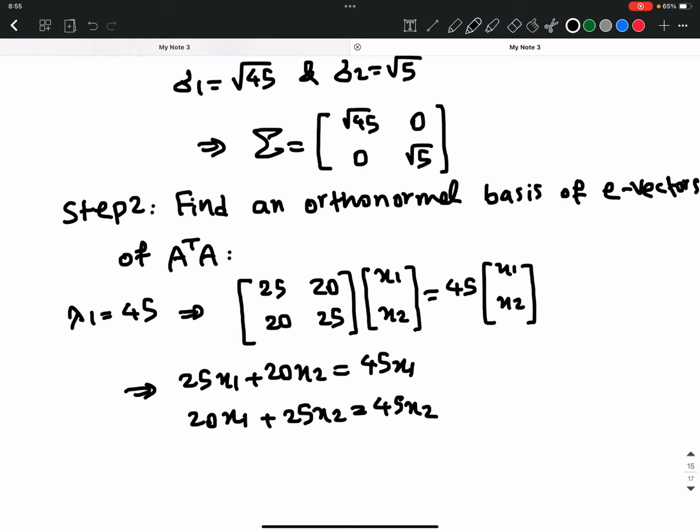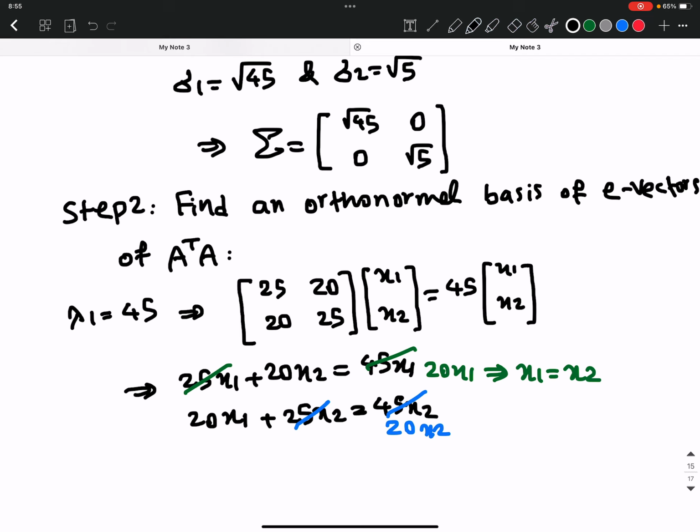So from the first one, the 25 x1 and 45 x1 combine to leave 20 x1, so the first equation gives me x1 equals x2. If I do it for the second equation, again I get a similar result, x1 equals x2.